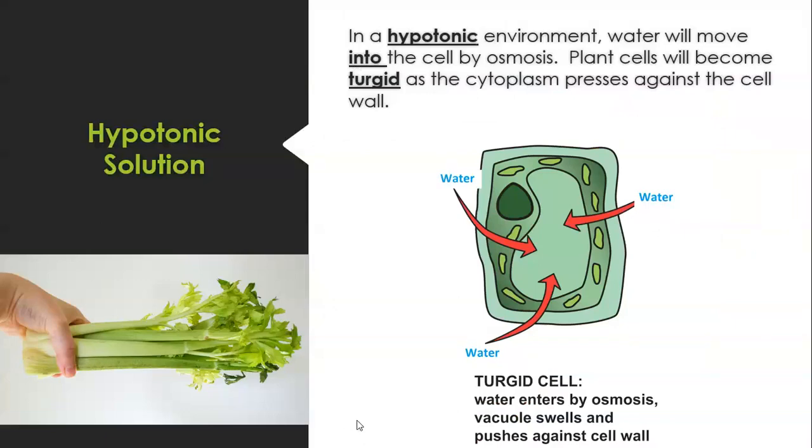Now, if we put our plants in a more hypotonic environment, then water will move into the plant, and the plant will become more turgid. The cells will swell as the vacuole becomes filled with water, and the plants will not be wilty.